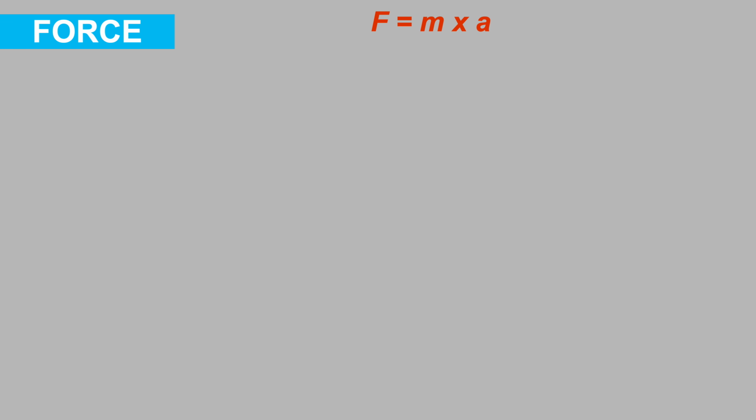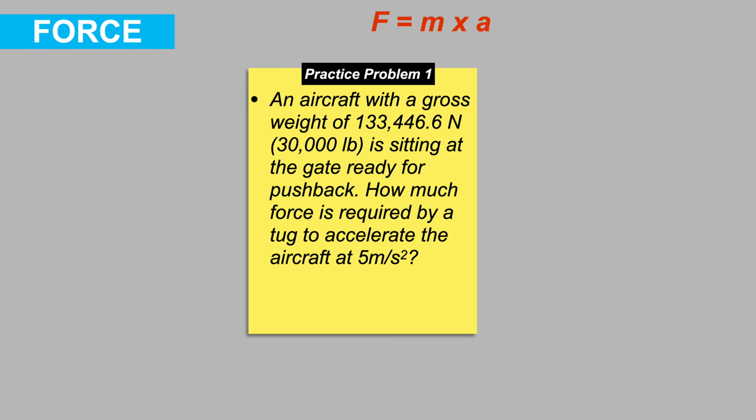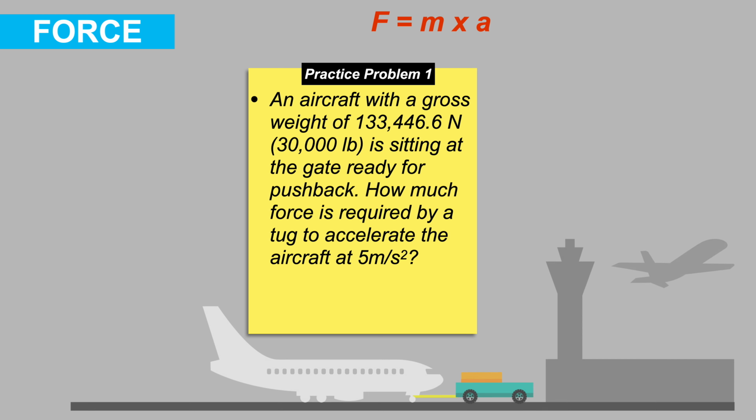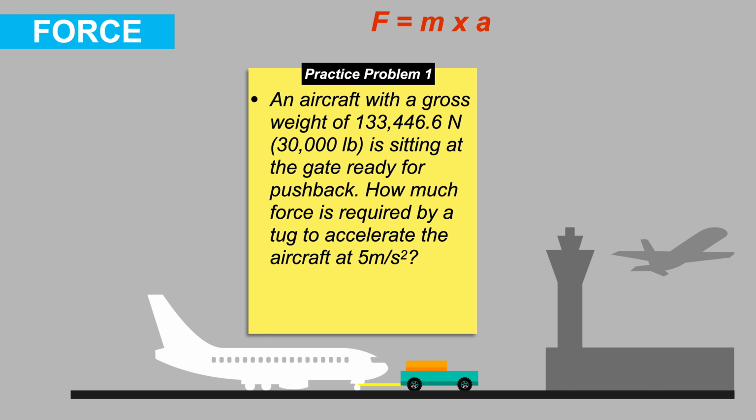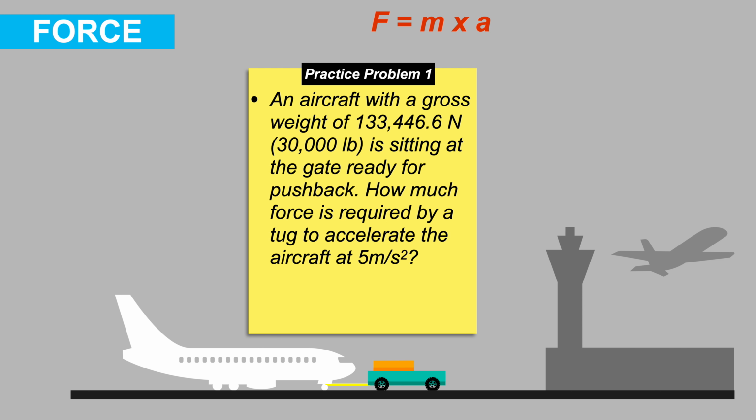So for our first example, let's say we have an aircraft with a total weight of 133,446.6 Newton, which is about 30,000 pounds, sitting at the gate ready for pushback. How much force is required by a tug to accelerate the aircraft at 5 meters per second squared? Before we dive into solving this problem, we need to identify some key information.